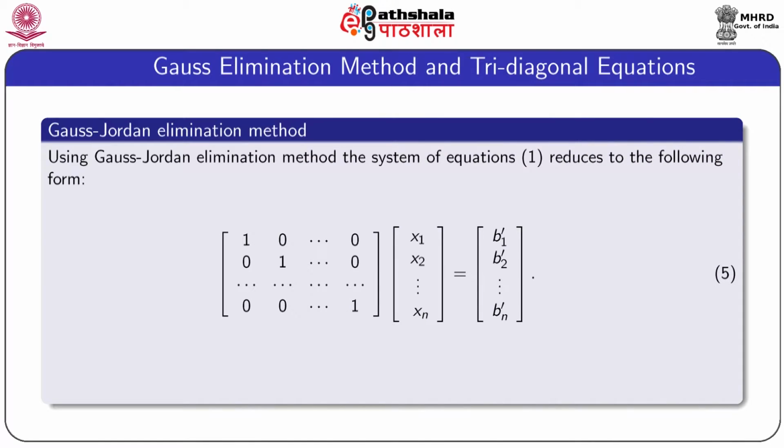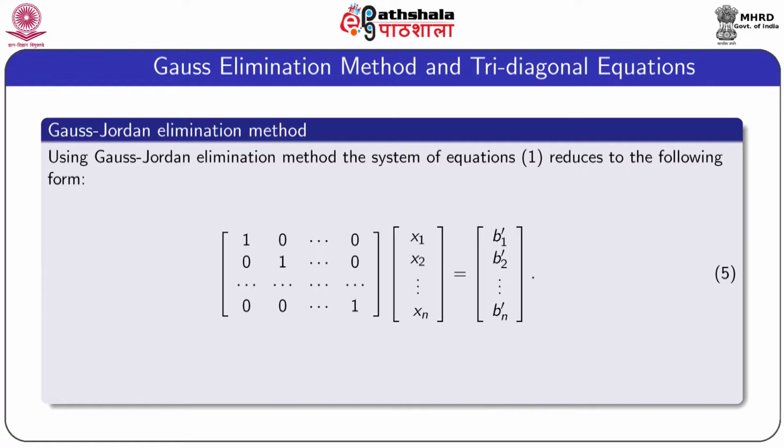Now, we consider another method to solve a system of linear equations, called the Gauss-Jordan elimination method. In this method we consider a set of n equations containing n variables, and after applying the Gauss-Jordan elimination method, the system of equations reduces to the following form.